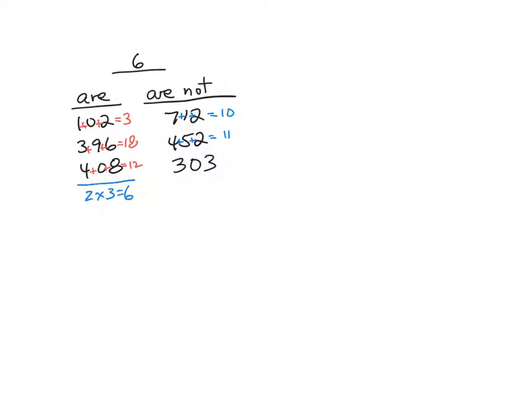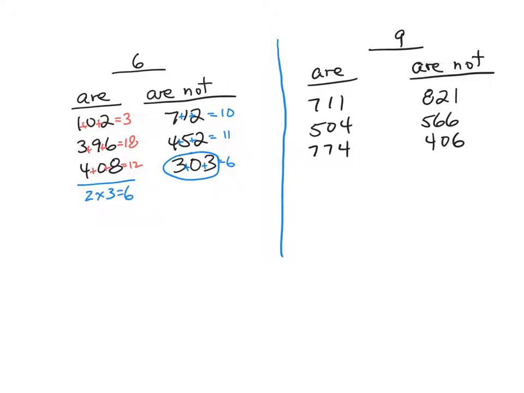When I add up 3 plus 0 plus 3, I do get 6, and 6 is divisible by 3. However, the number 303 is not even, so it's not divisible by 2. So, in order for a number to be divisible by 6, the number has to be divisible by both 2 and 3.